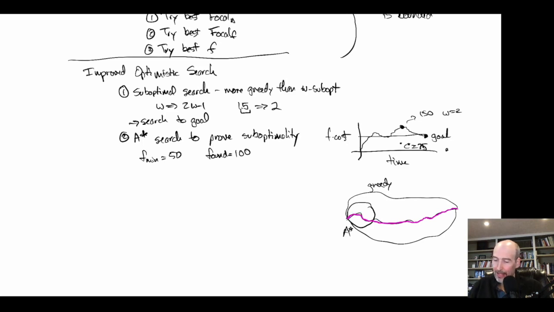And when I start my A star search, I may actually find, so I'm doing an A star search where all I'm trying to do is raise F min to be large enough to prove that my solution is within the bound. But at the same time, I might actually find a shortcut on the path that was discovered by the original search.